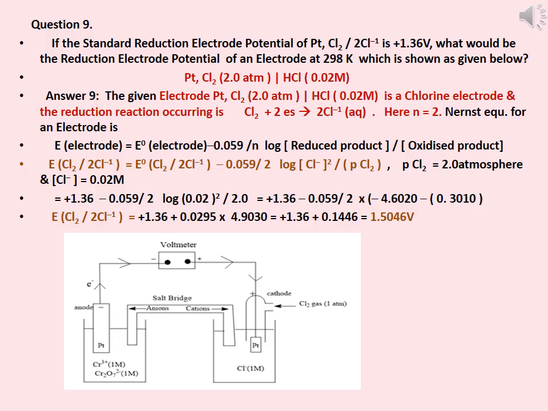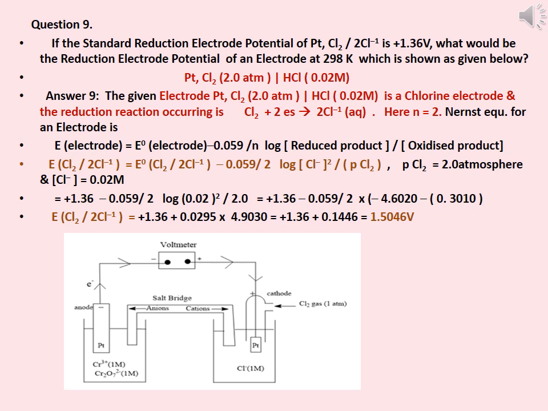On calculation, we get E Cl2 bar 2Cl minus is equal to plus 1.36 plus 0.0295. How did I get 0.0295? By dividing 0.059 by 2.